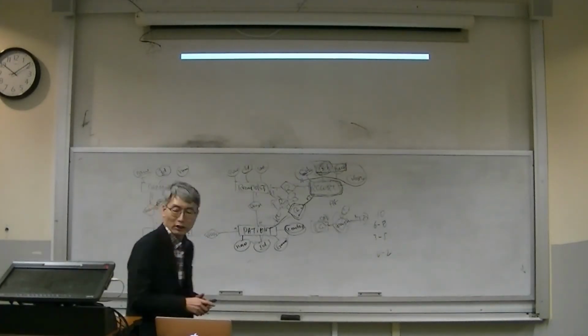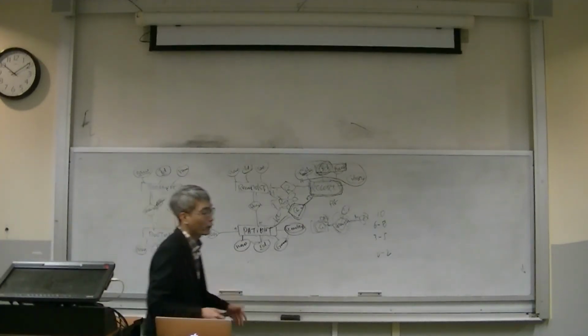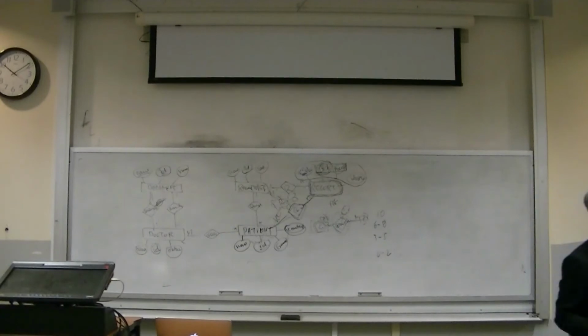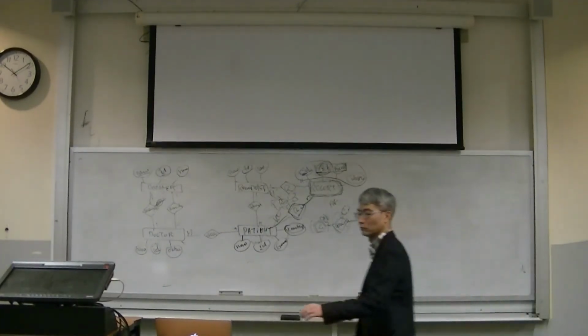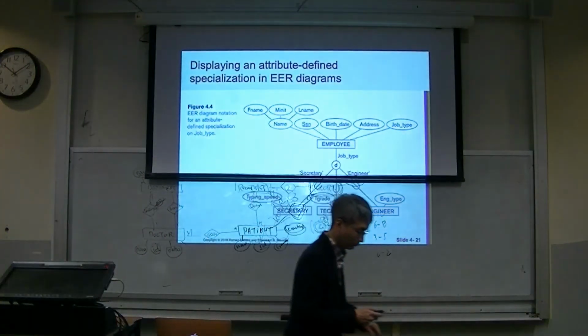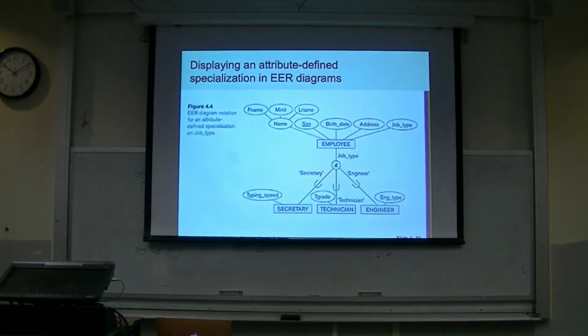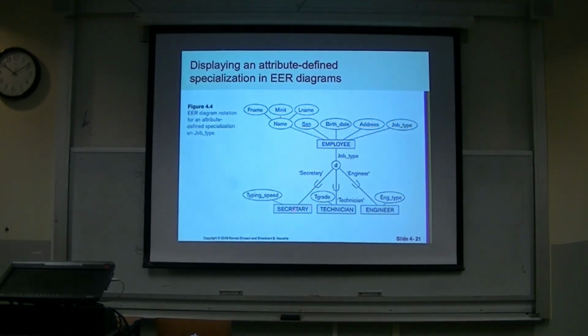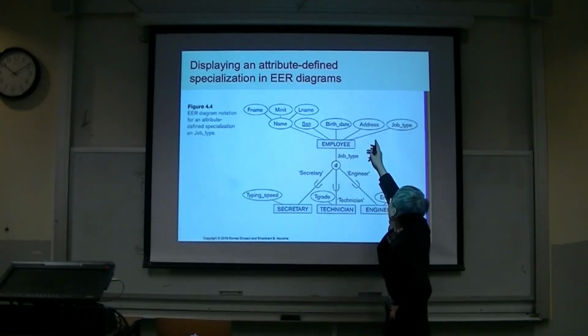So this is the EER diagram that we discussed last time. In the ER diagram, in case we identify the secretary, technician, and engineer in addition to the employee, we realize that these are also employees, which means the secretary has name, SSN, birth date, address, job type.